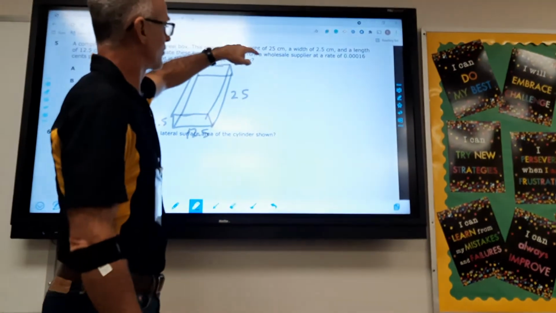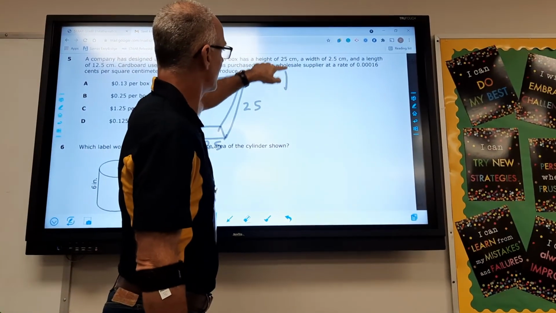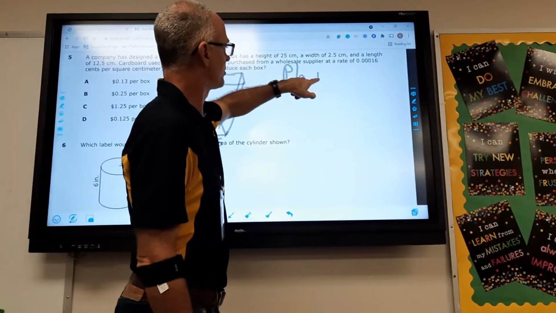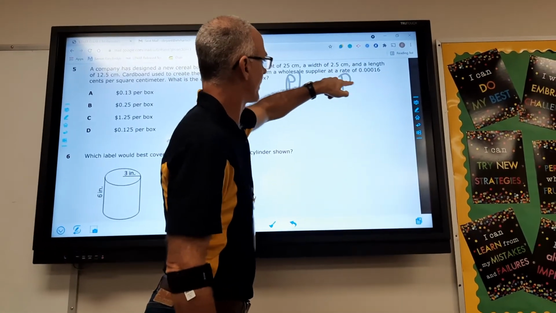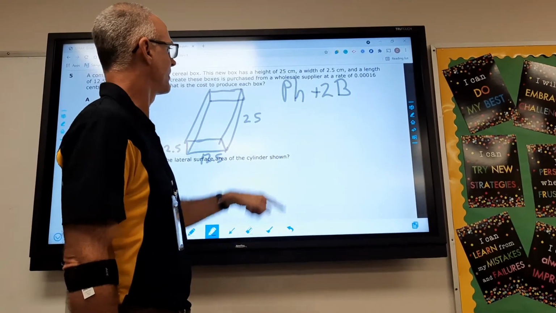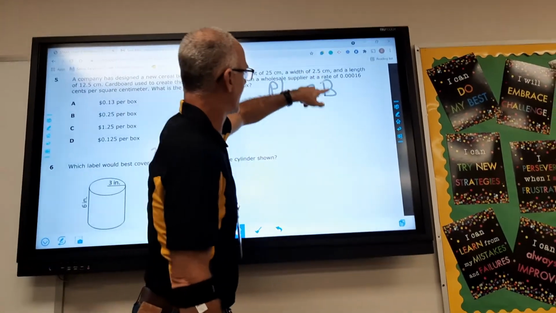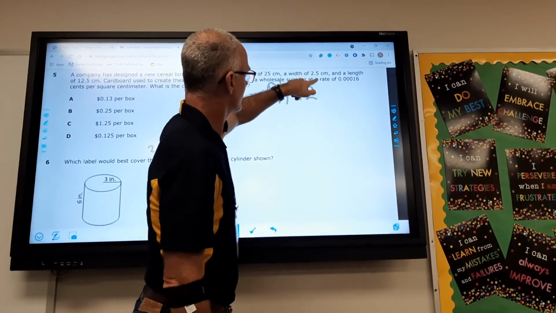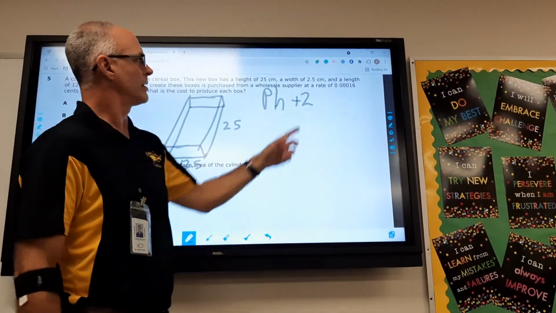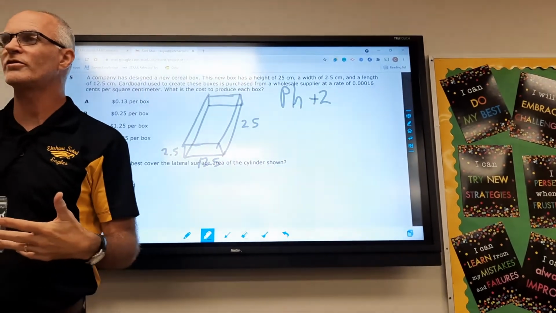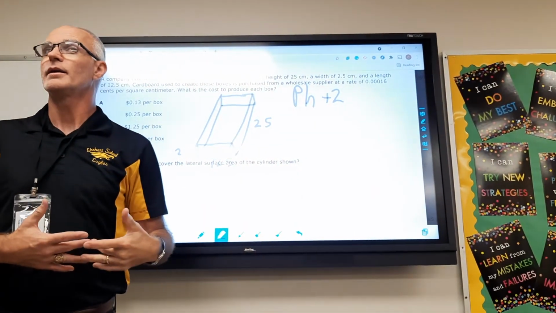We need the surface area, which is the perimeter of the base times the height plus 2 times the area of the base. What is the area of the base equation here? It doesn't say area of the base, but what two things can we use to find the area of the base?